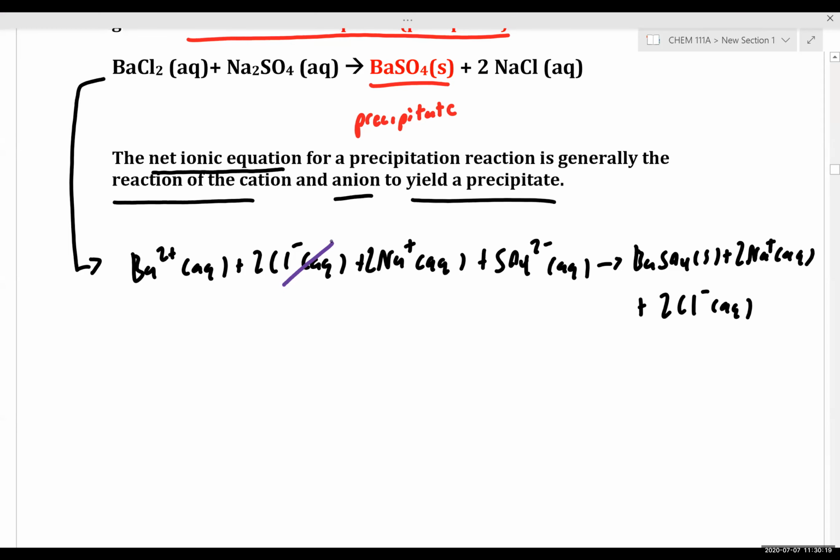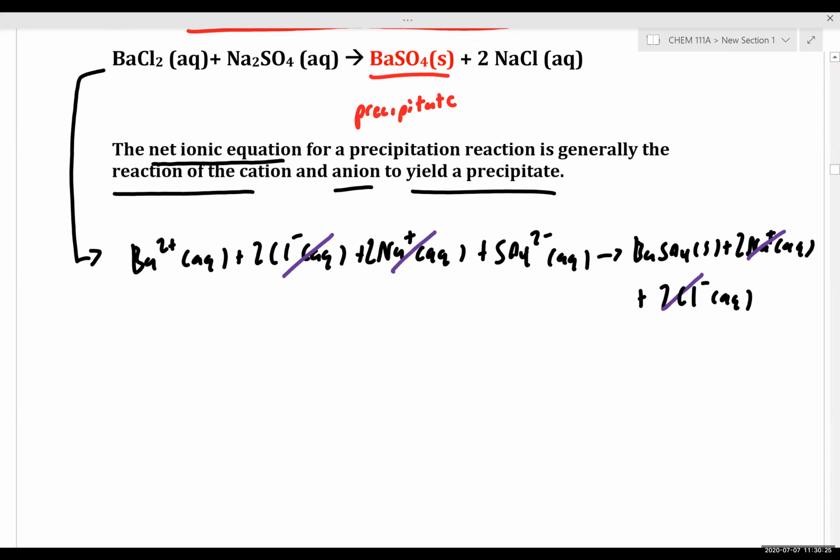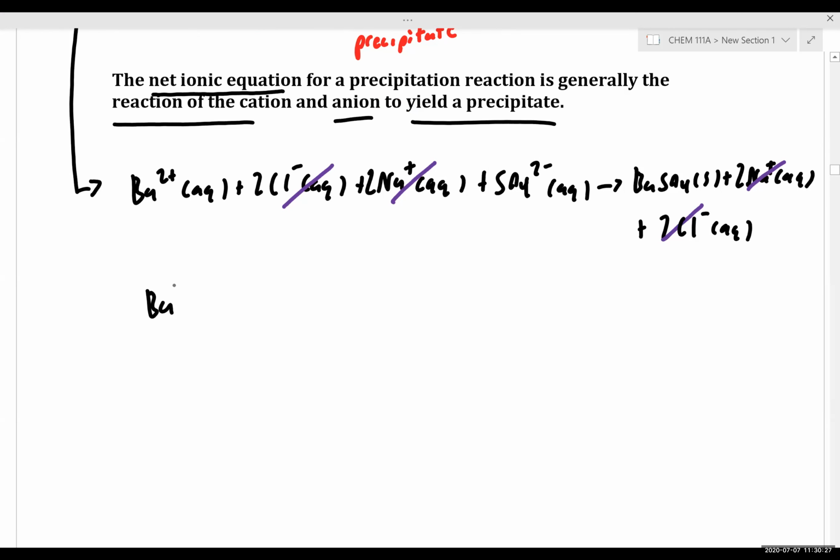Our total ionic equation simplifies to the combination of our cation and anion to form our precipitate. So we have barium 2 plus and SO4 2 minus leads to barium sulfate solid.